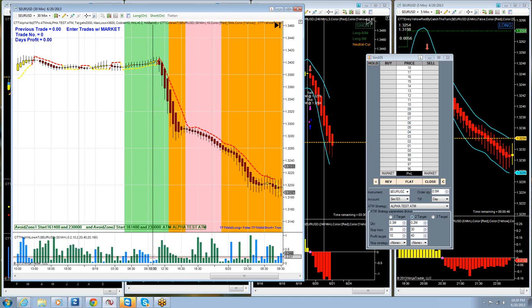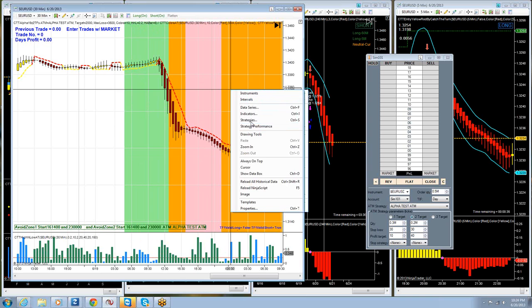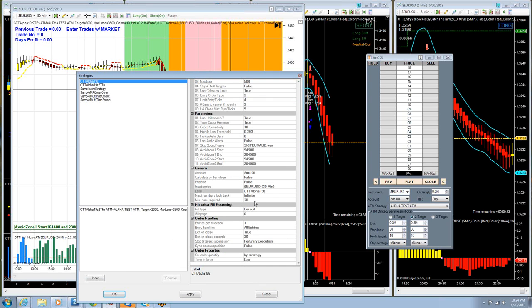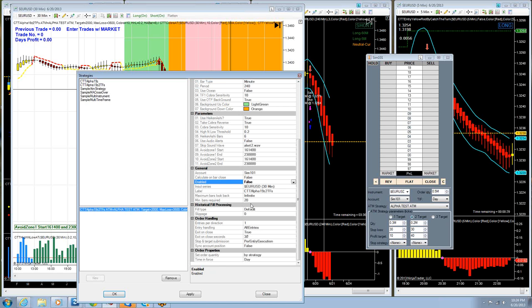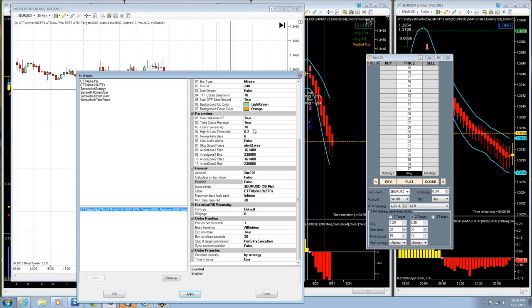So we know that anywhere above 0.5 is probably going to be a reasonable move. We had some moves here at 0.48, so we could say 0.6. So you go into your strategy, select it, disable it, and right here you change your high and low threshold to 0.6.